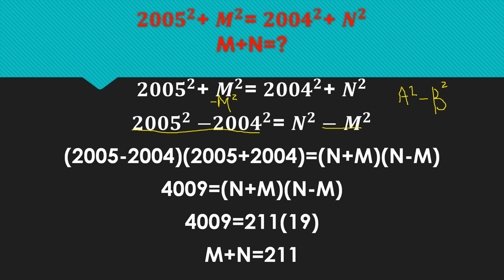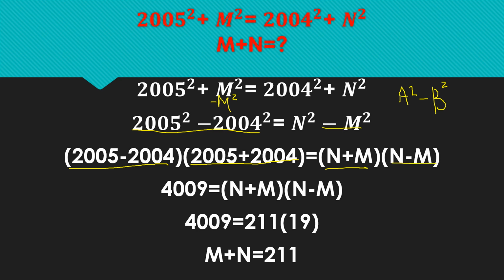So we have numbers on one side, letters on another side. Now, a square, b square, n square, m square. Let us factorize. It's equal to 2005 minus 2004 times 2005 plus 2004 is equal to n plus m, n minus m.